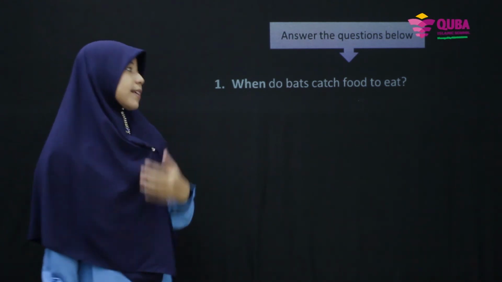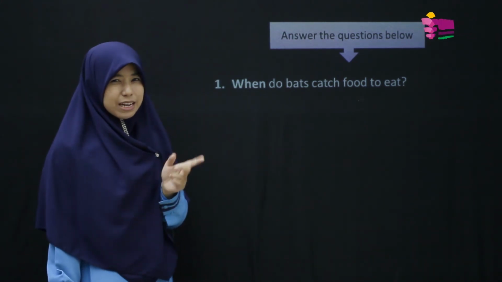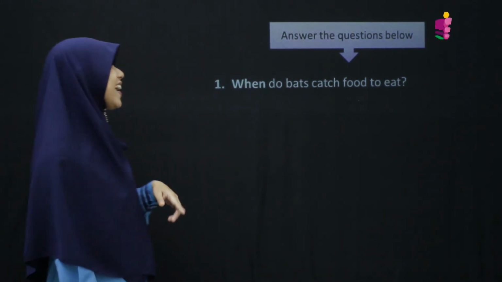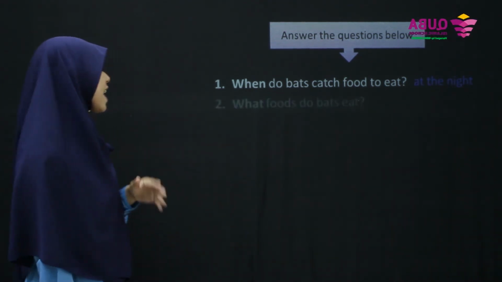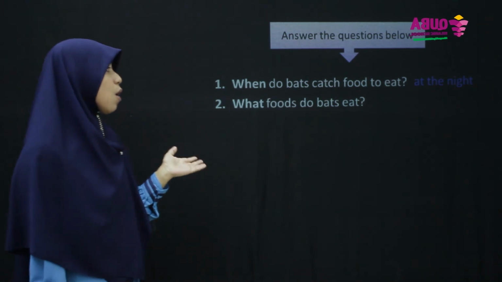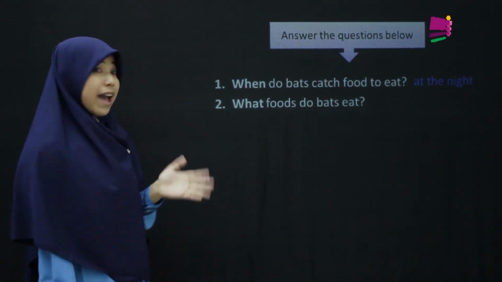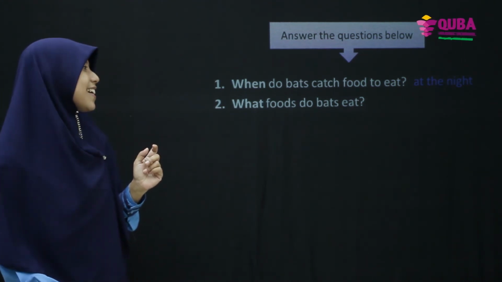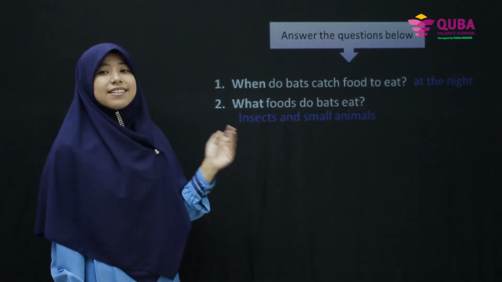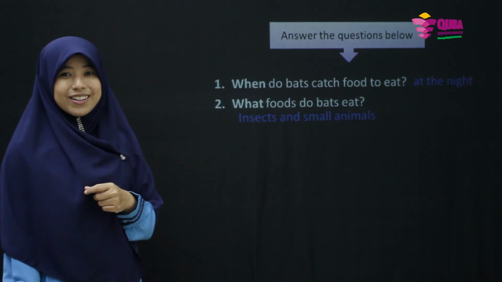When do bats catch food to eat? Anybody know? Good job. The answer is at night. And number 2, what food do bats eat? The answer is insects and small animals.